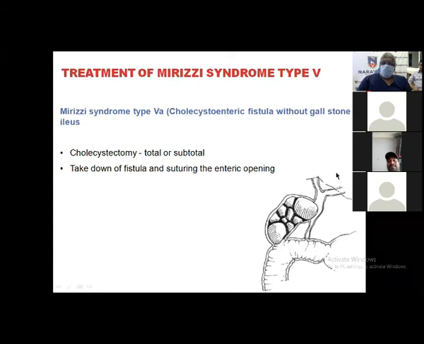But this is a very rare type. We don't get it at all. If you get it, you can do it easily. Hook the CBD there, ligate it here so that it occludes the fistula. If there are stones, make an incision somewhere there, let out all the stones and put a nice ligature as low as possible. That's all, that finishes the job.